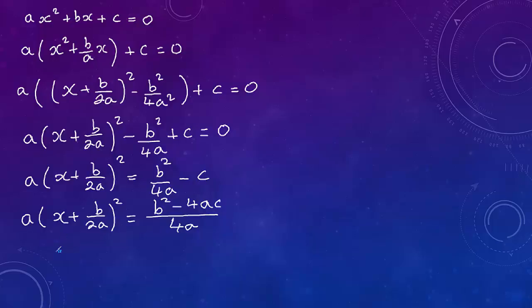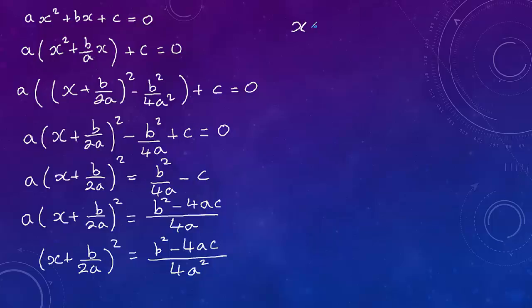Now divide both sides by a, and we have x plus b over 2a all squared is b squared minus 4ac over 4a squared. And now we're going to square root.